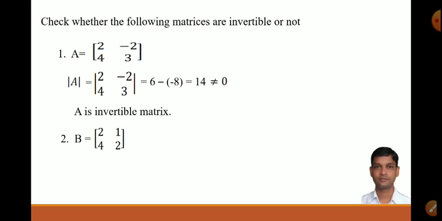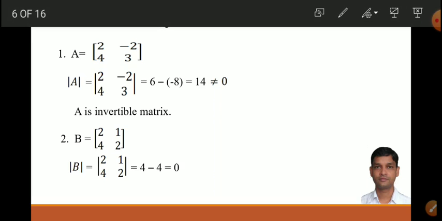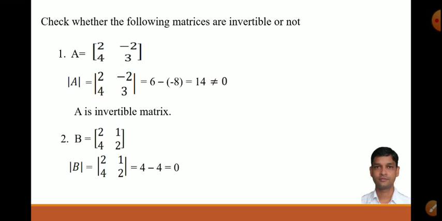Similarly, take this example. Now find the determinant of B. Cross multiplication: 2 into 2 is 4, minus 4 into 1 is 4. So 4 minus 4 is 0. That means the determinant of this matrix is 0, so this matrix is not invertible because it is a singular matrix.